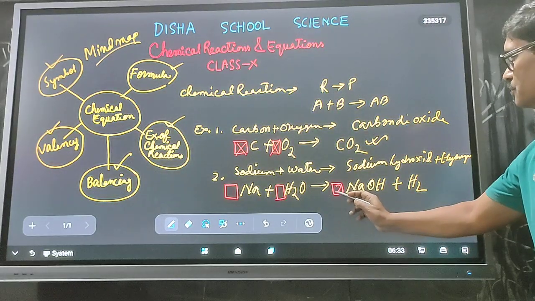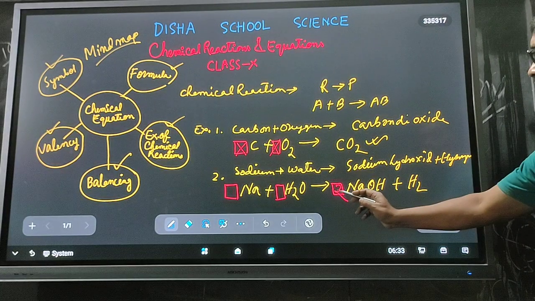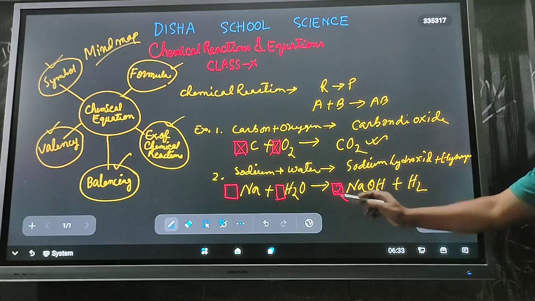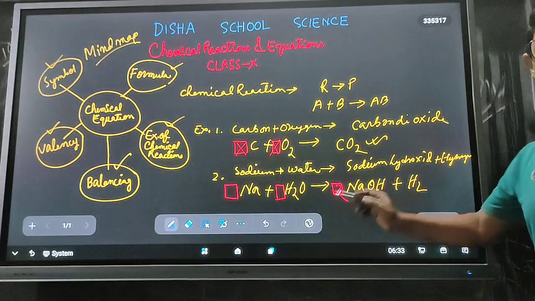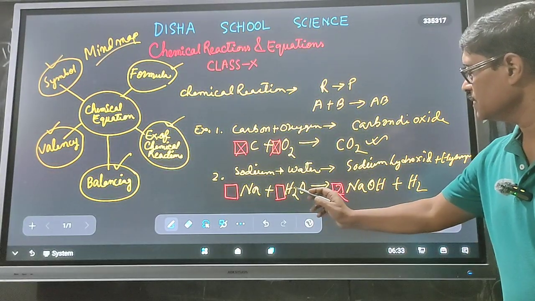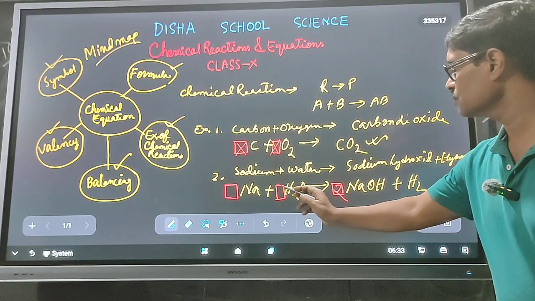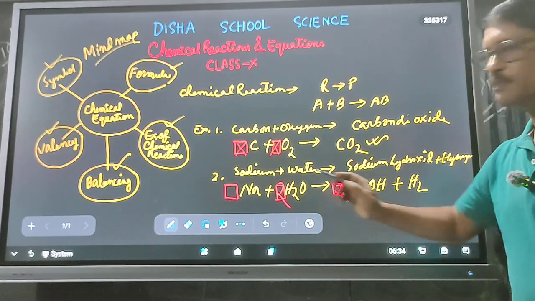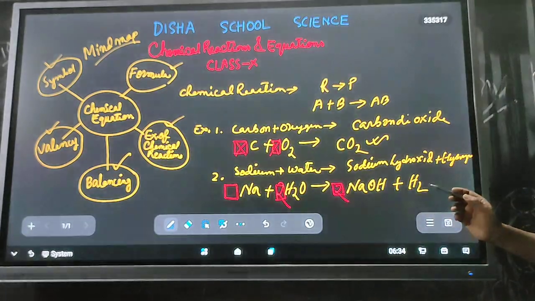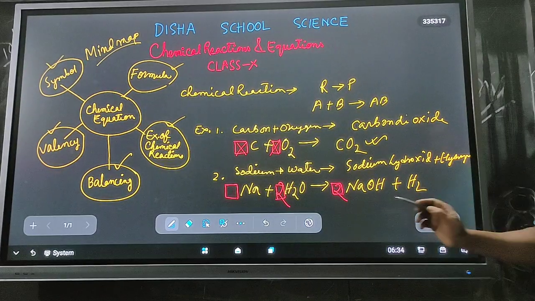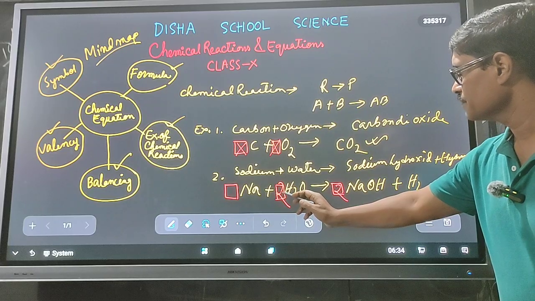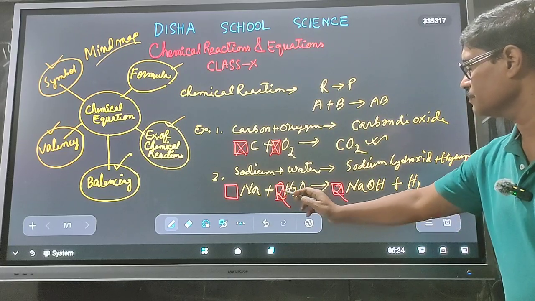So here we put 2 hydrogen and 2 hydrogen. Total product side 4 hydrogen. But here only 2 hydrogen. So we put 2 here, 2 to the 4. And this side also 4. That means hydrogen is balanced. But whenever we put this 2, then 2 oxygen become.